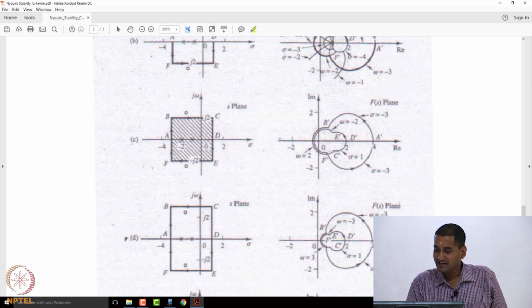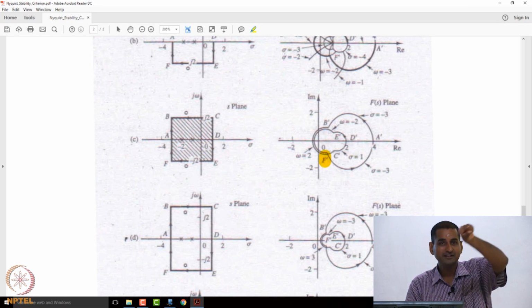Now you stand at the origin in the f of s plane, and start counting the number of encirclements of the origin as you sweep through the entire mapped contour in the f of s plane. You draw a vector from the origin to A prime, which is your starting point, and start sweeping. If you come to A prime, B prime, C prime, D prime, you have one encirclement.